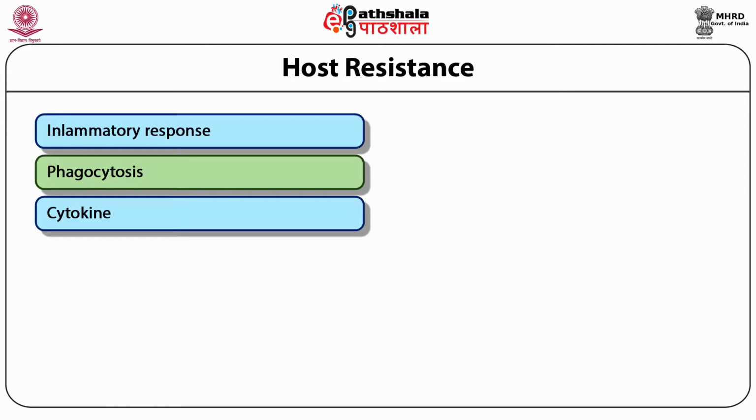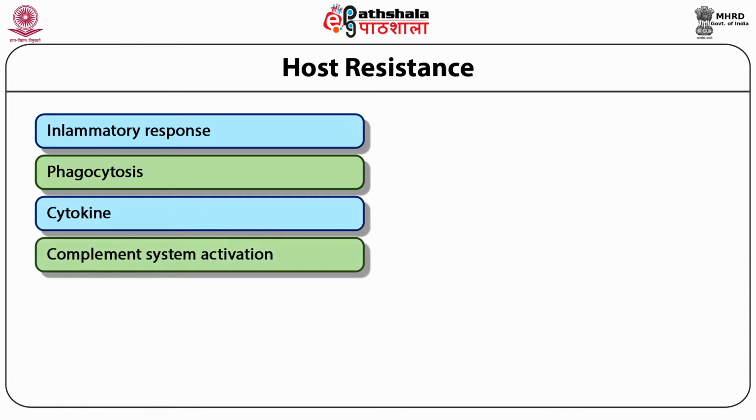Another very important component is the complement system. The complement system in the body prevents the pathogen from invading and multiplying, as the complement system in conjugation with the antibodies present in the body causes puncturing in the bacteria. It forms pores and thus kills the bacteria.